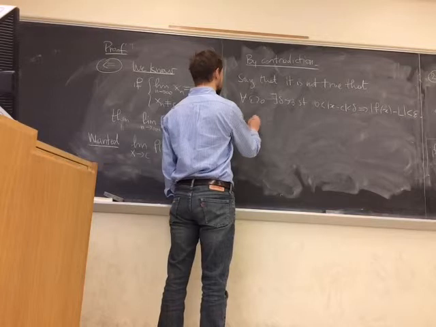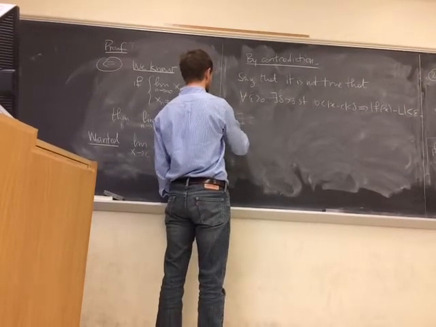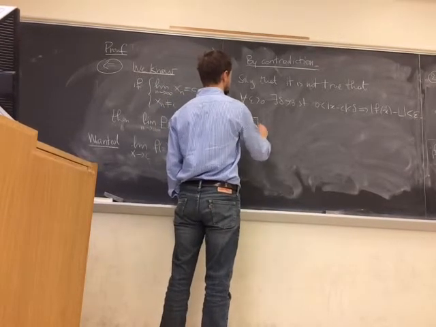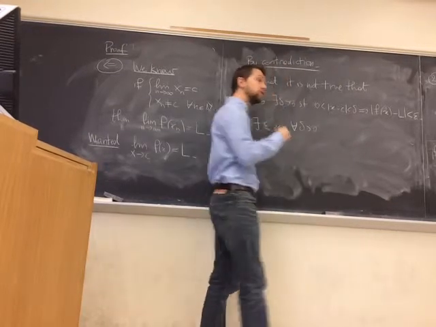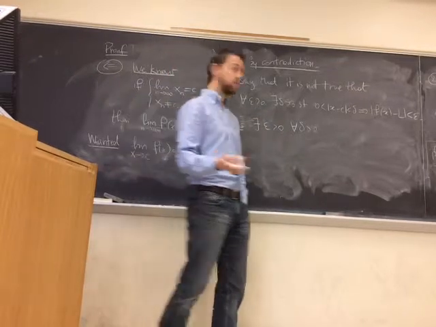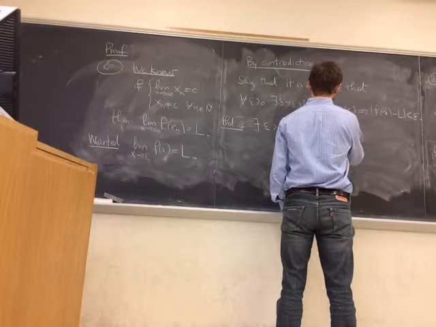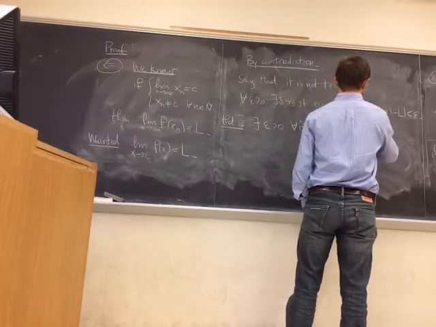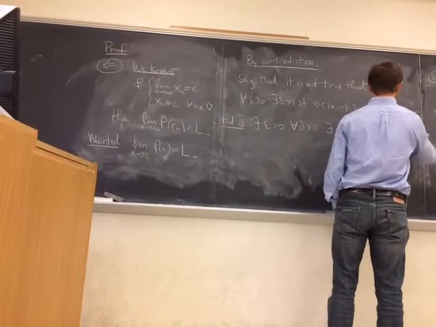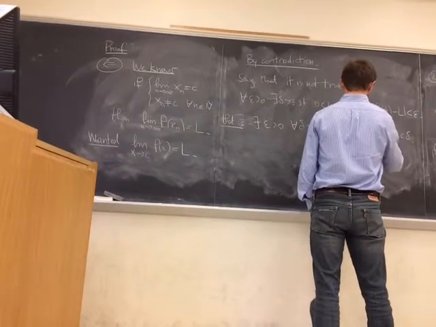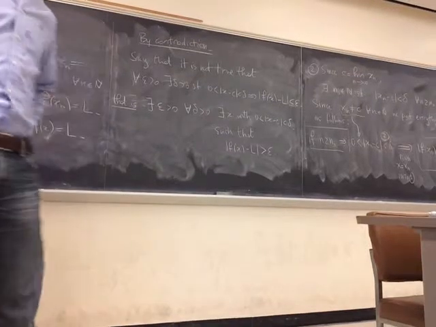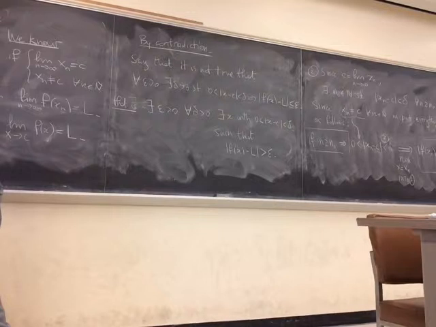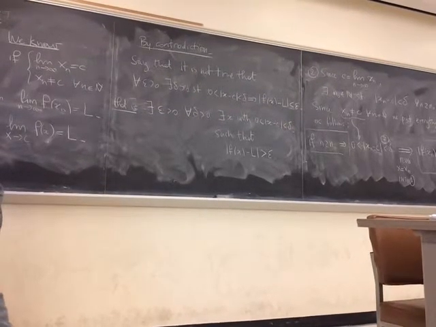So, more precisely, saying that this is not true means that you can actually find some positive epsilon such that for every delta, no matter what is the choice of delta you make, for every delta positive, there will be a point x within the delta neighborhood of c such that absolute value of f of x minus L, instead of being less than or equal to epsilon, is strictly larger than epsilon. All right? Do you agree with that?